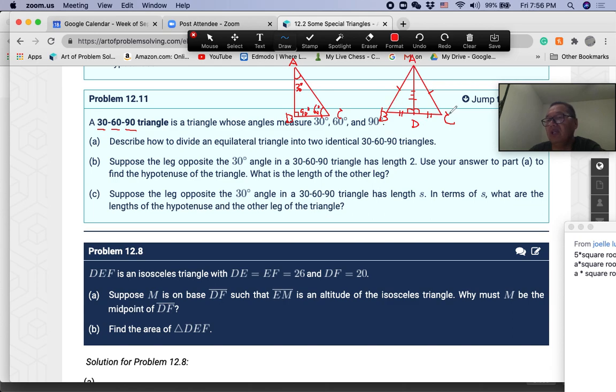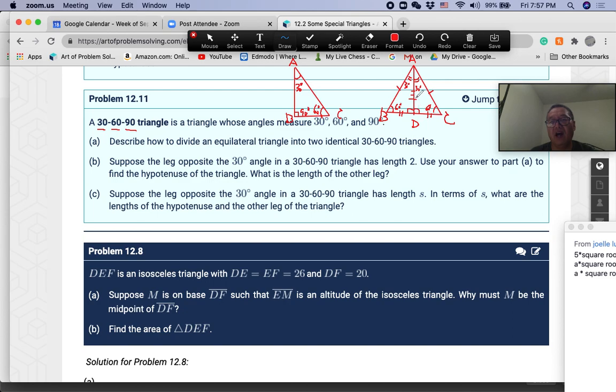But also in an equilateral triangle, each angle should equal 60 degrees. Then this angle will equal 30 degrees, because this is 90, this is 60, so definitely this angle will be 30. This also will be 30 degrees. So by this way, you separate an equilateral triangle into two right triangles with angles 30, 60, and 90.